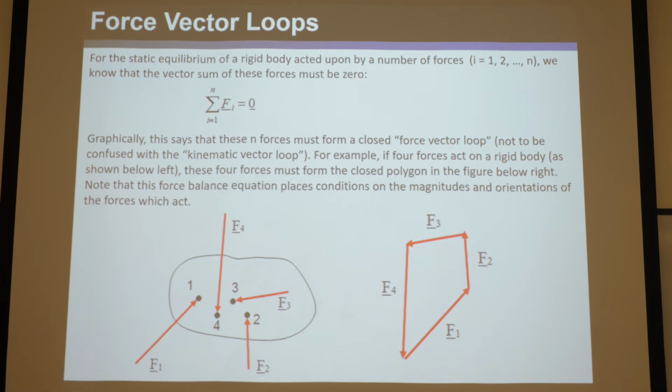Okay? So obviously, if you take any vectors head to tail, and add them all together, they'll equal 0. But that's an insight, okay? That if a body is in static equilibrium, you take all the forces acting on that body and you arrange them within a vector loop from head to tail, they must equal 0. Okay, so hang on to that thought.